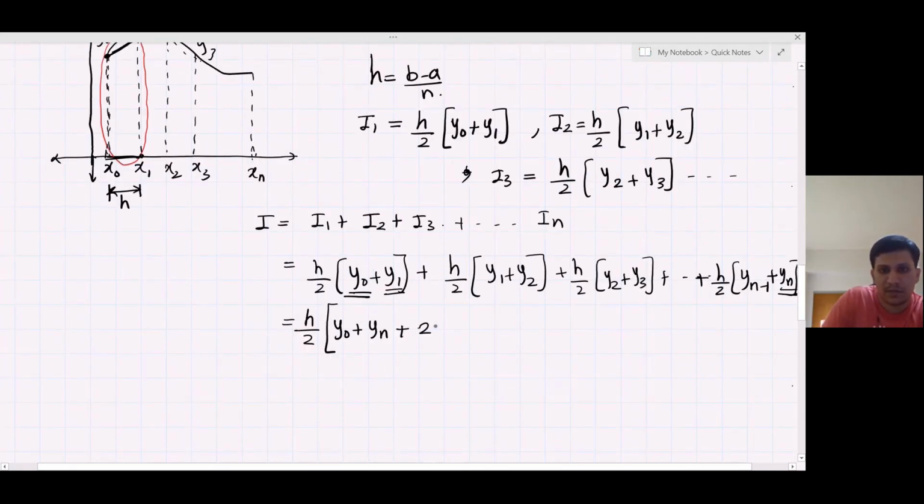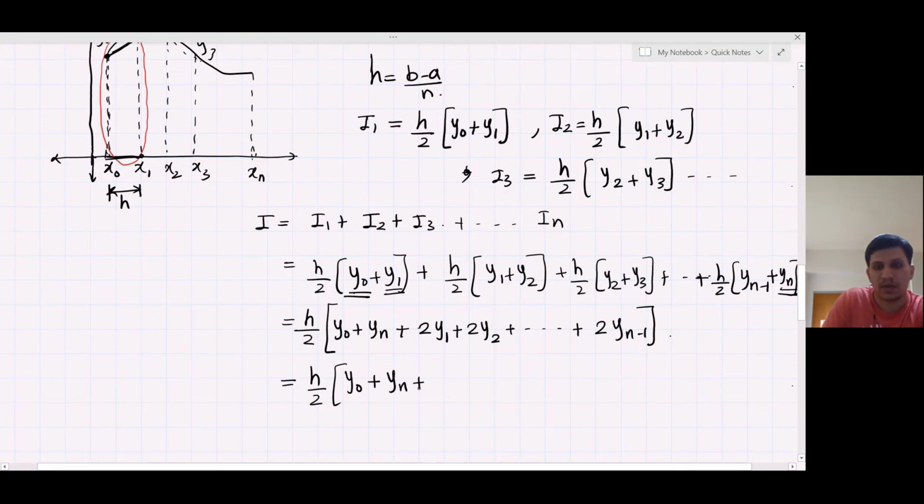So we write 2 times y1, similarly 2 times y2, and so on up to 2 times y of n minus 1. So we can write this formula as h by 2 into the bracket (y naught plus yn plus 2 times the summation of yi, where i is equal to 1 to n minus 1).